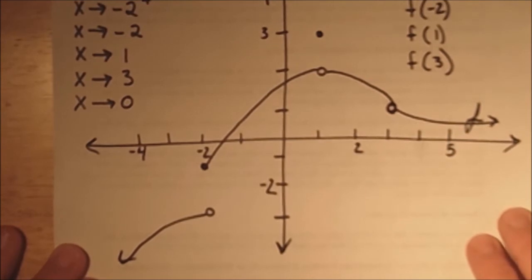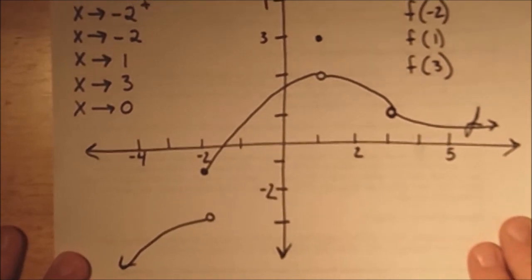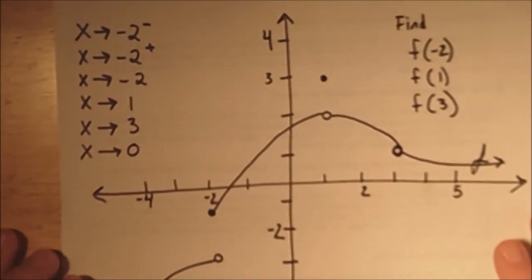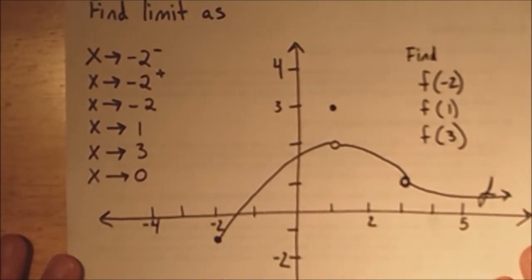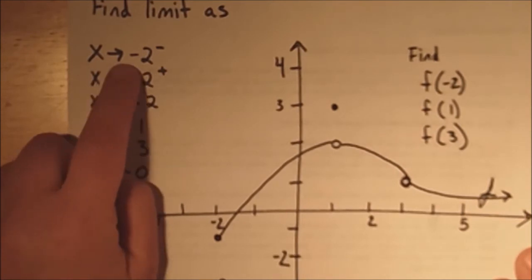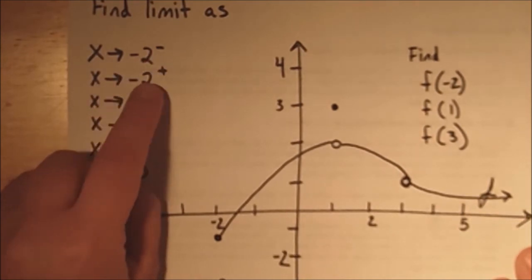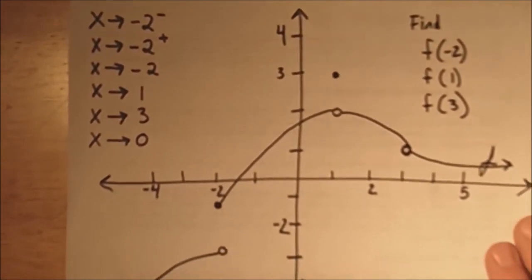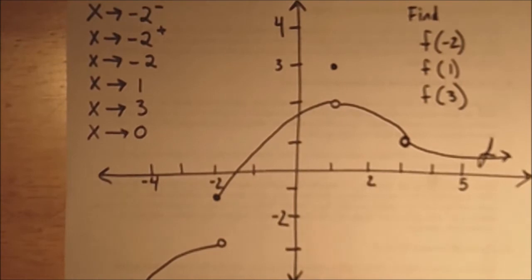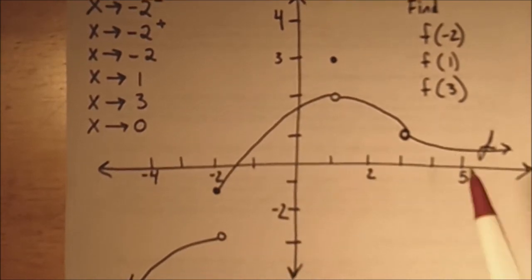And if I were to find the limits as, so over here in the right-hand corner, let me pull this down so we can see the directions. It says find the limit as x approaches negative 2 from the left and from the right. So what I have to think about in this case is if I were walking along on the x-axis, right?